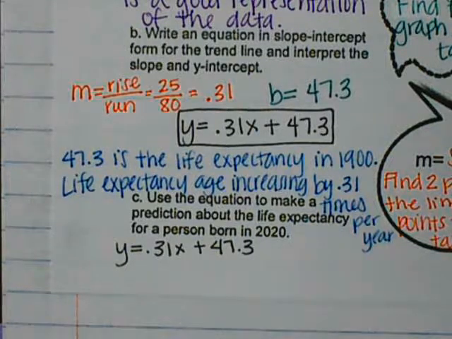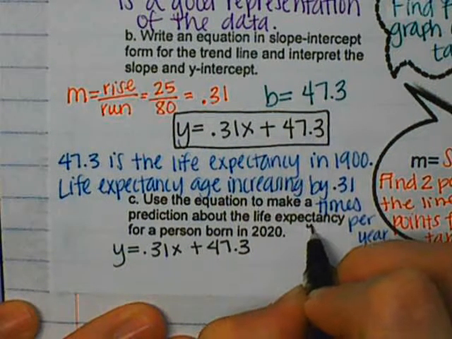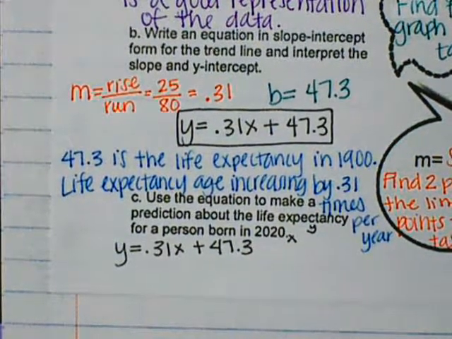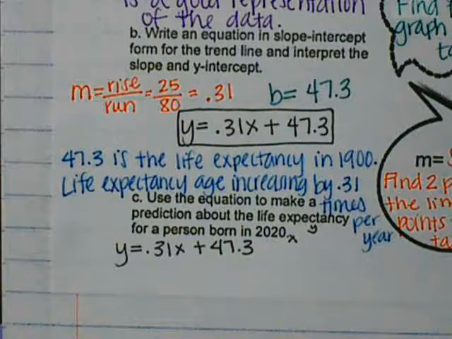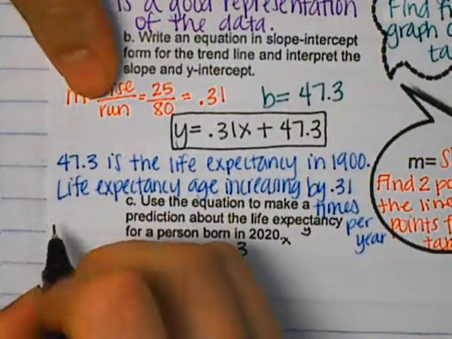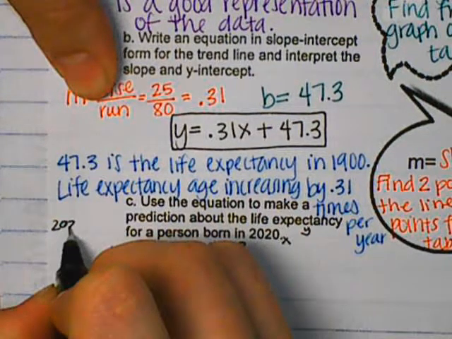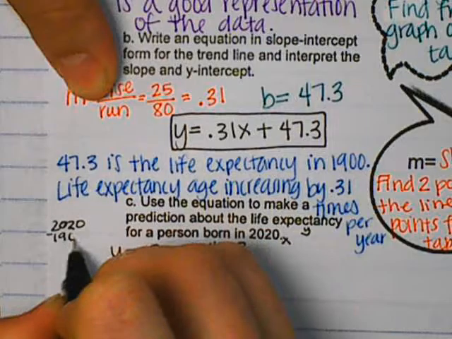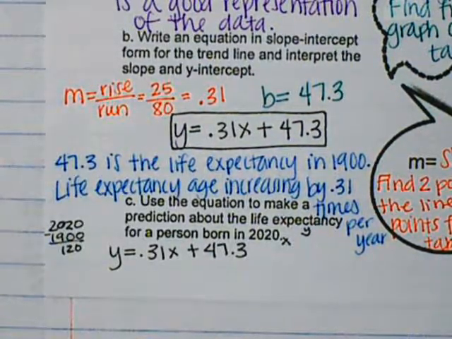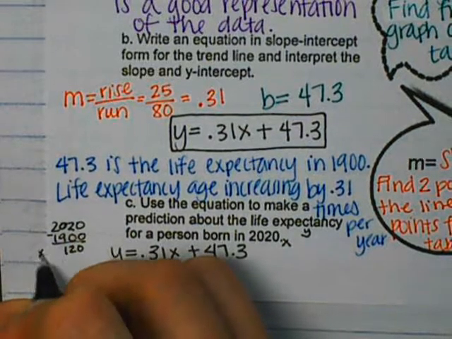Y is life expectancy. We want to know the life expectancy, Y, for a person born in 2020, X. Well, how many years since 1900 is 2020? 2020 minus 1900 was 120 years ago. So our X value is going to be 120.